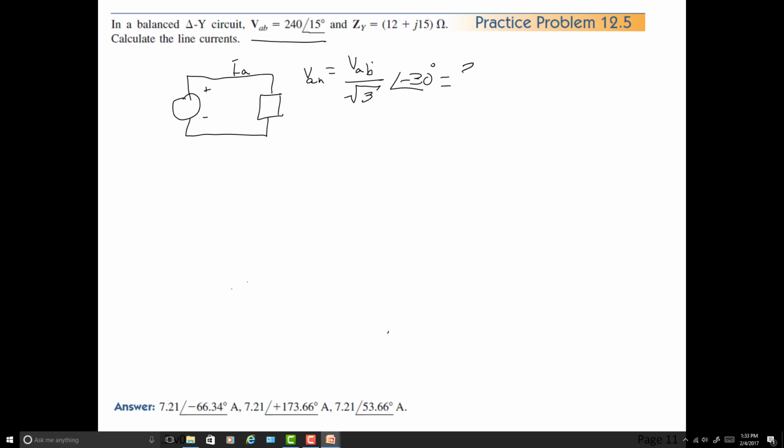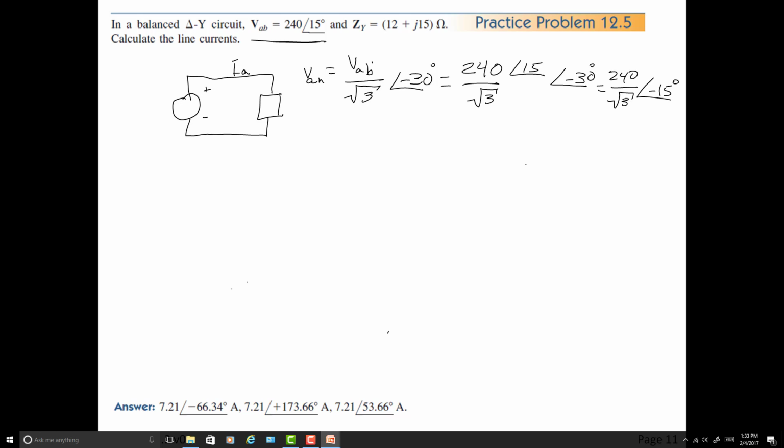So we're really looking then at 240 at 15 degrees divided by the square root of 3 and shifted minus 30 degrees. So we end up with a number now of 240 over the square root of 3 at minus 15 degrees. I don't think I need to calculate that yet.